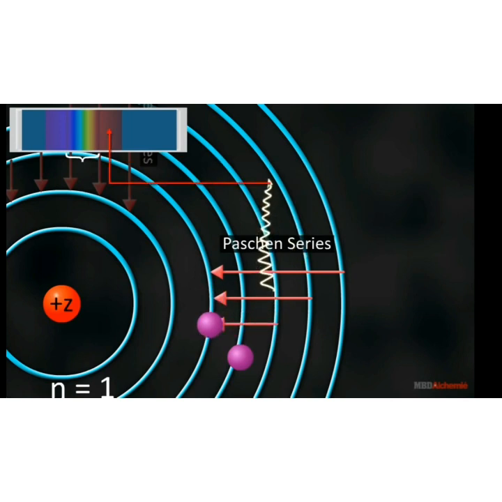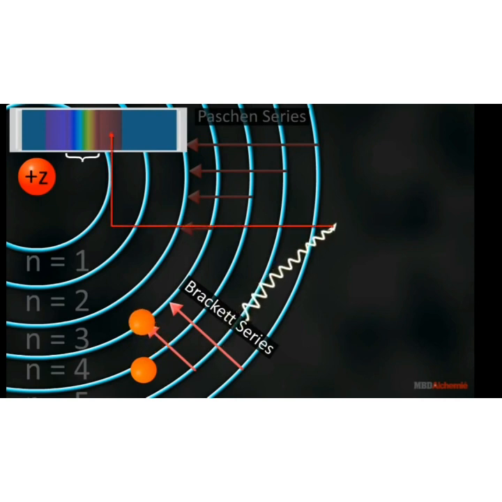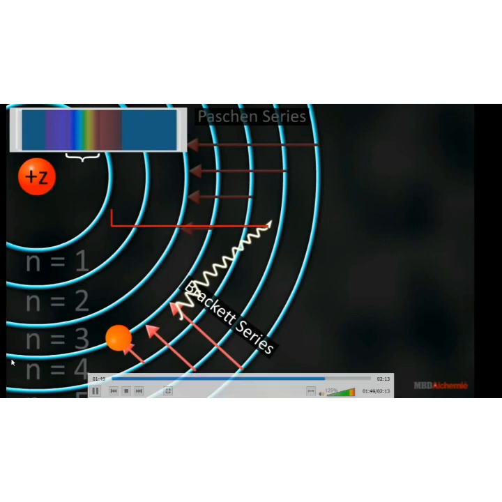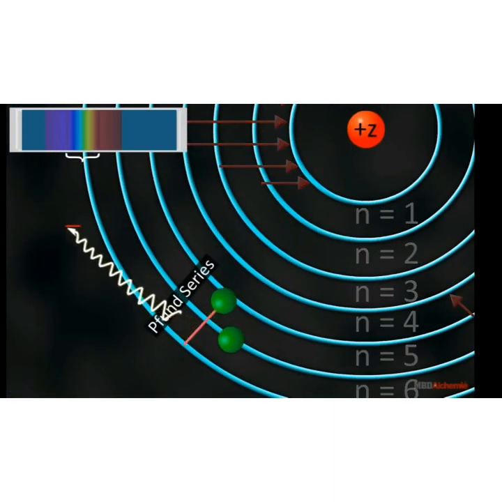The values of frequencies obtained in this transition lie in the infrared region of the electromagnetic spectrum. When a transition from higher orbits to the fourth orbit occurs in the atom, the Brackett series is obtained. When a transition from higher orbits to the fifth orbit occurs in the atom, the Pfund series is obtained.